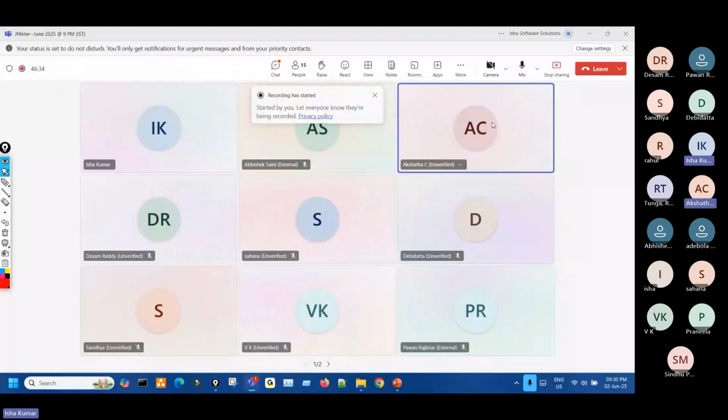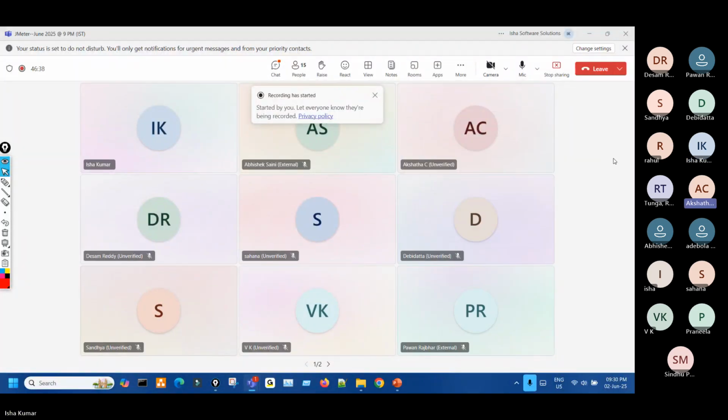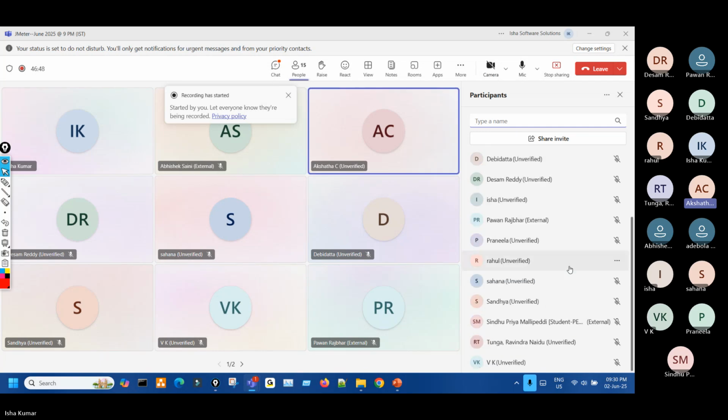I can only see your profile icon now in the main screen, I can't see the presentation.